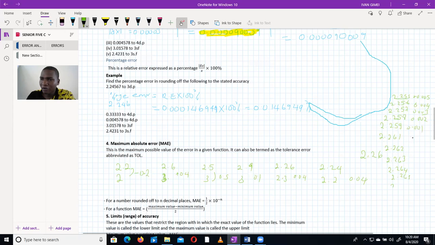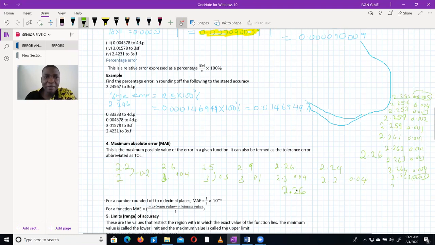This one we removed 0.001, 0.002, 0.003, 0.004, 0.005. So you notice that the maximum possible error that I make in writing 2.26, in rounding off any value to 2.26, is 0.005. The maximum possible error that could be made in rounding off this to that.